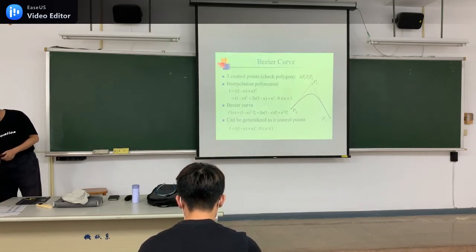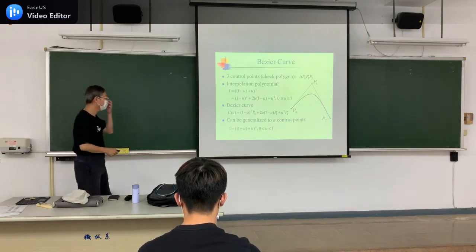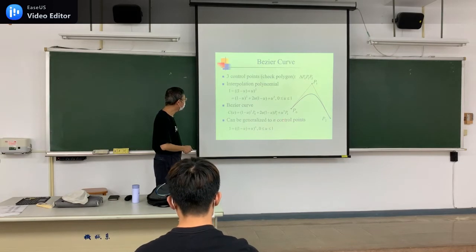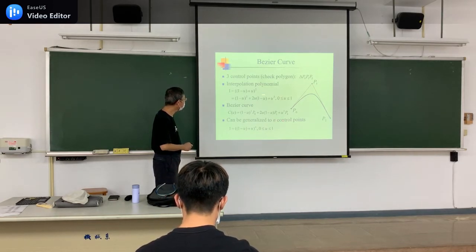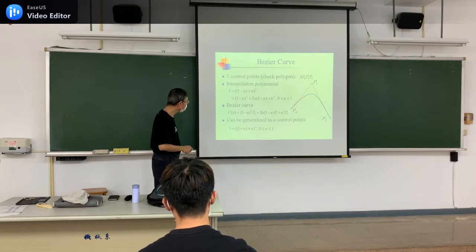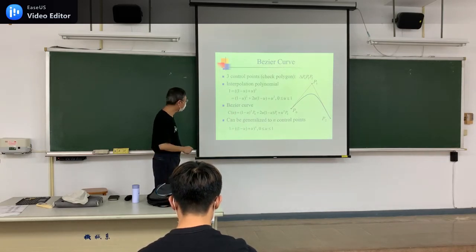And as you can see, in this way, if u equals 0, this is 0, this is 0, this is 1. So if u equals 0, this will be P1, P0.